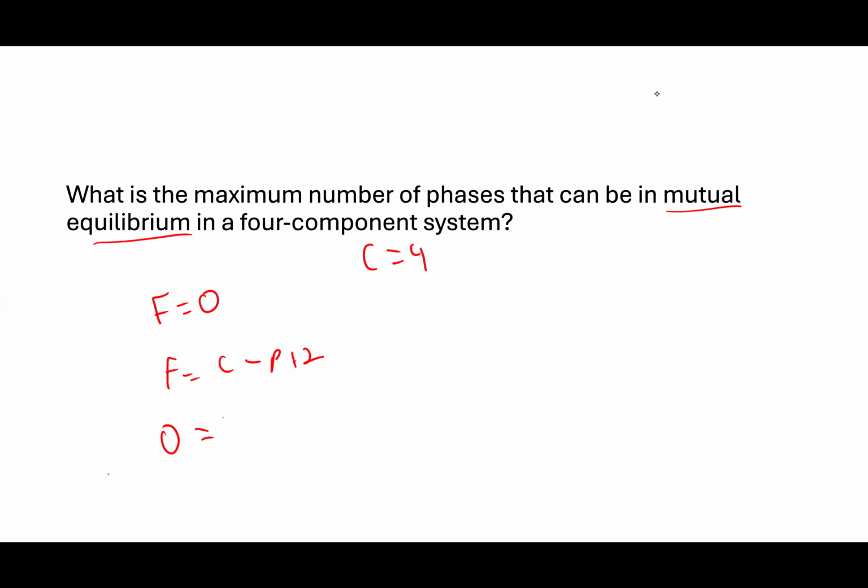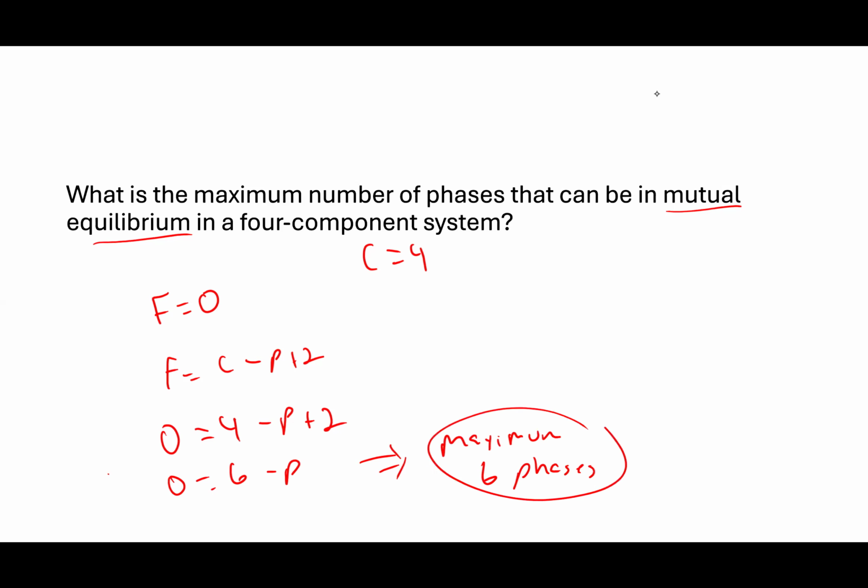There are 4 components in our system. Put it all together. What do we get? 0 equals 6 minus P. That means we can have a maximum of 6 phases in a 4-component system.